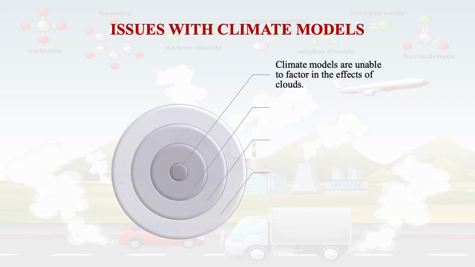The different climate models project different values for rise in temperature for the next decade or for the next 50 to 100 years. This extreme gap between various climate models could be attributed to two basic factors. One is that the climate models are unable to factor in the effects of clouds. The second aspect is the greenhouse gas concentration.